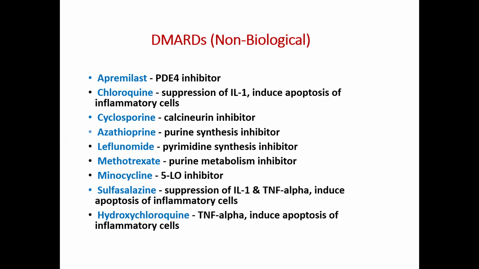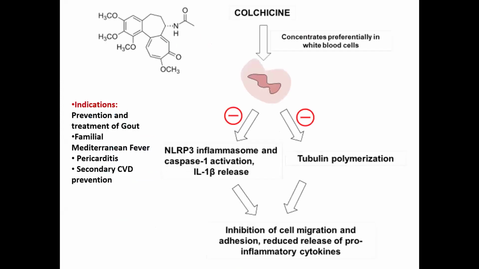Usually we start with the non-biological, and if it does not work, we substitute with a biological or add a biological. You can add a non-biological to a biological DMARD, but you cannot add a biological to a biological, because you're going to be suppressing the immune system big time.